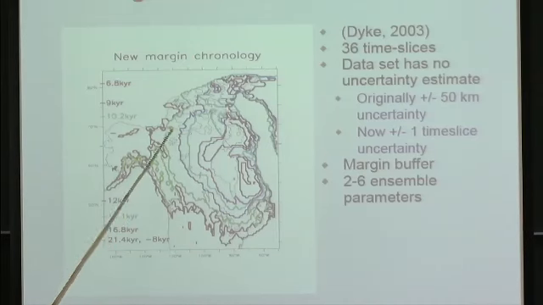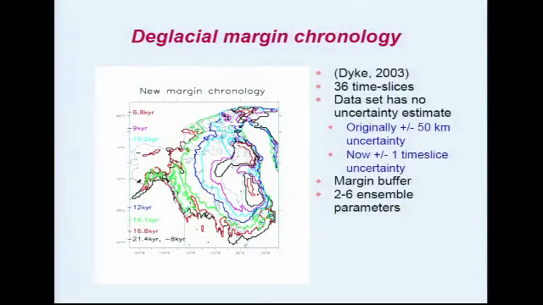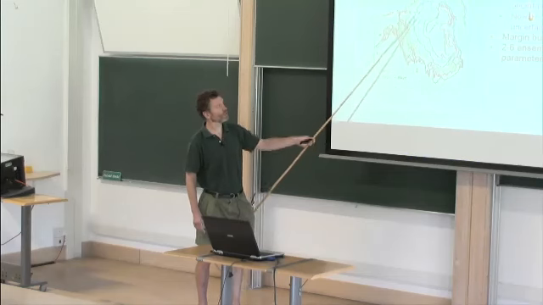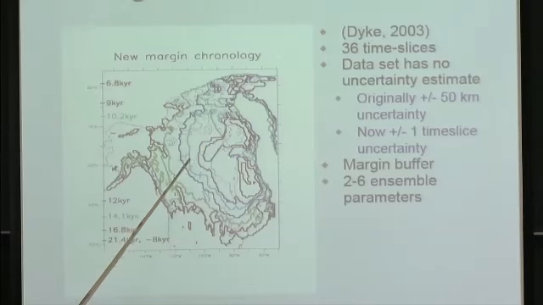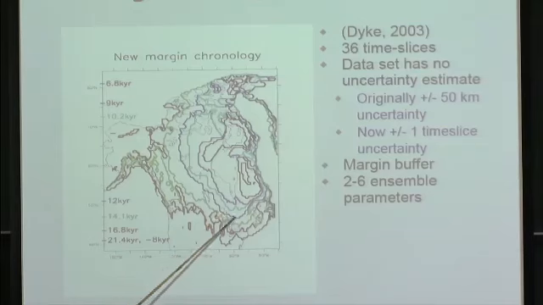Originally what I did was allow basically plus or minus one grid point uncertainty for these error bars. But in some ways that's really bad, because there are differential rates of retreat, as you can see here, for instance, compared to here. There are also varying degrees of uncertainty. Down here there's lots of data. It's accessible.